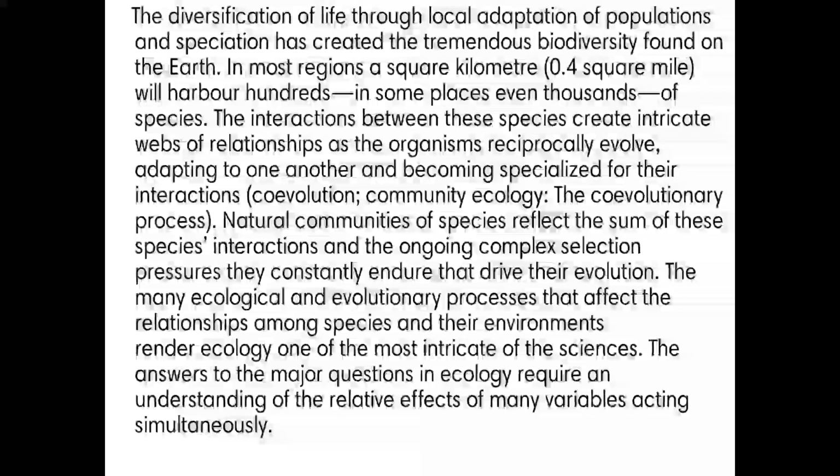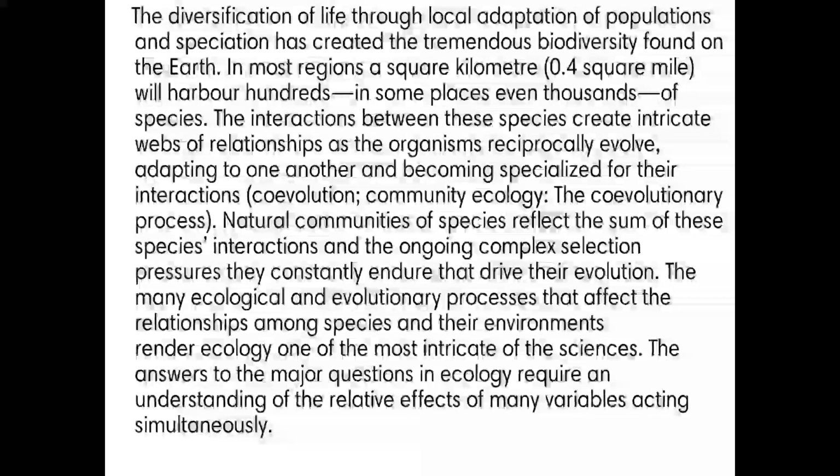Coevolution, community ecology, the coevolutionary processes. Natural communities of species reflect the sum of these species interactions and the ongoing complex selection pressures they constantly endure that drive their evolution.